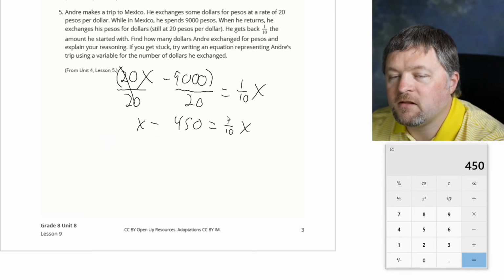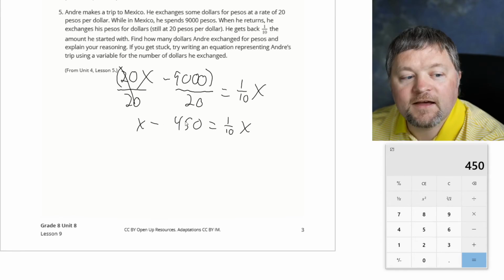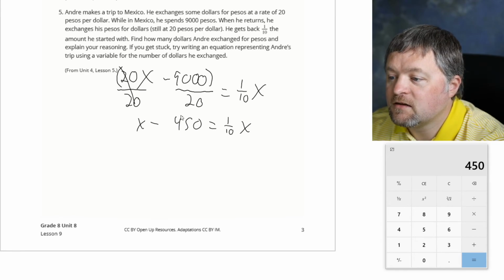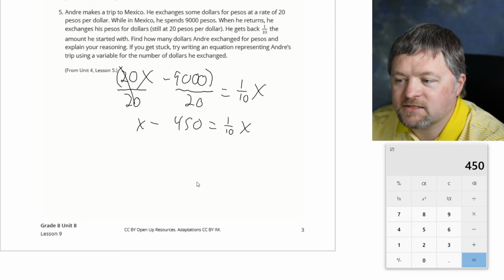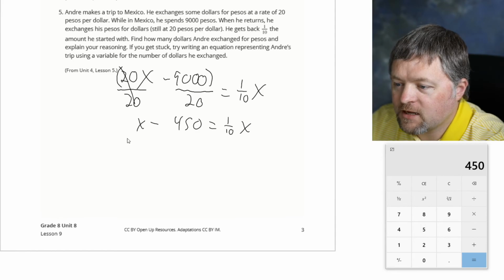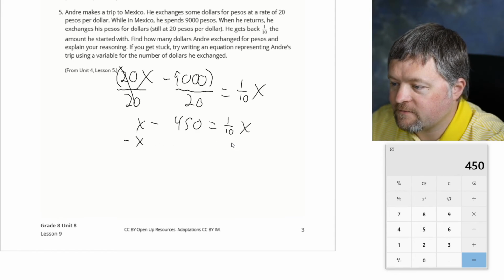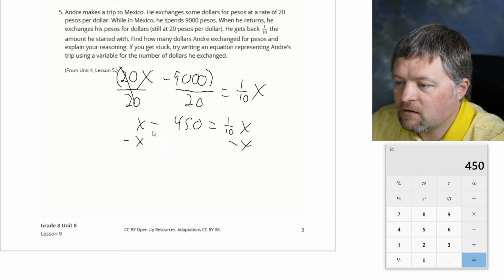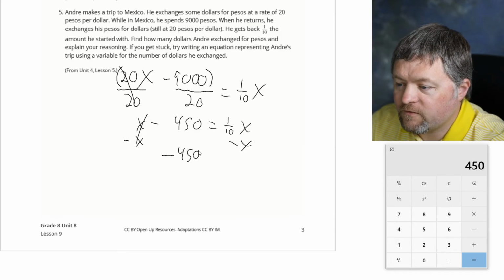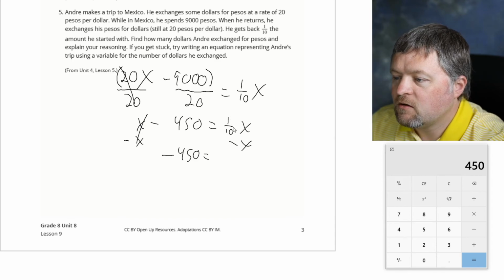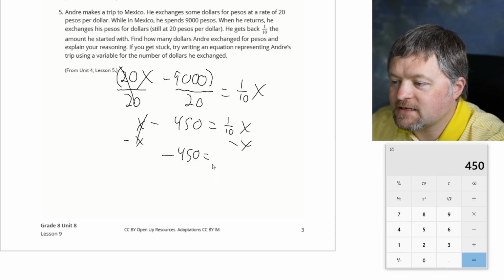Okay, now we have x's on both sides of this equation right now. So let's get them all on the same side. Well, the left side here only has numbers and the right side doesn't. So let's leave the numbers over here and get all the x's onto the right. How do we get rid of an x? Well, we subtract it. Those will cancel. Negative 450 equals 1/10 x subtract x is 9/10 x.